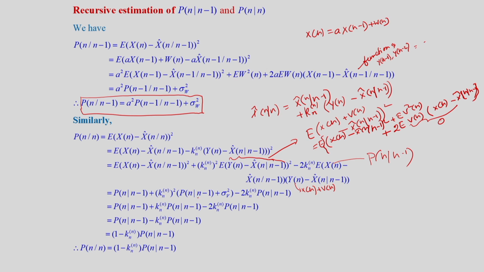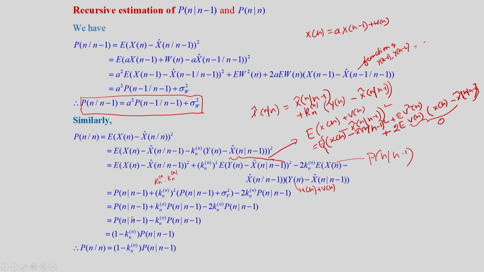So, this entire expression will be simply equal to k n into P of n given n minus 1, because we are writing this term as k n into k n into these things. So, that term will be simply equal to k n into P of n given n minus 1.